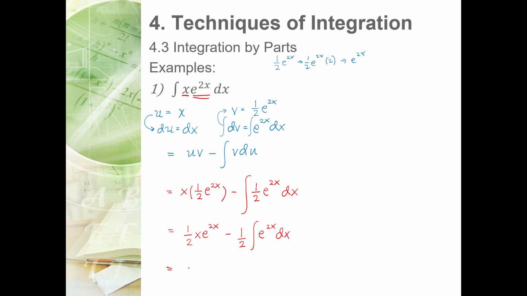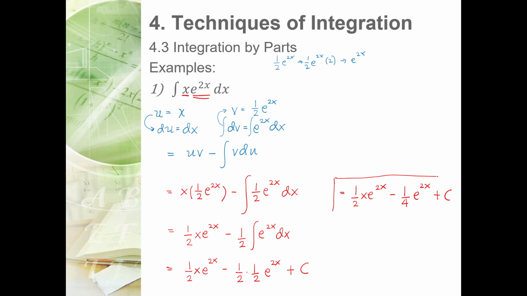Okay, so the answer is 1 half times x e to the power of 2x minus 1 half times 1/2 e to the power of 2x plus c. So the final answer is 1/2 x e to the power of 2x minus 1/4 e to the power of 2x plus c.